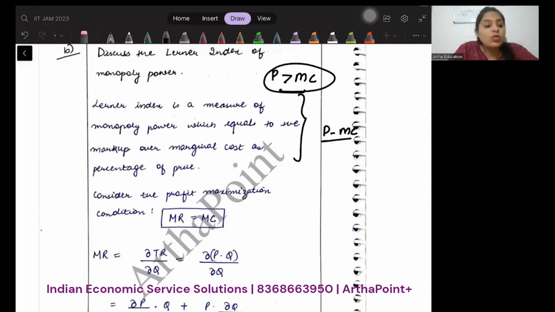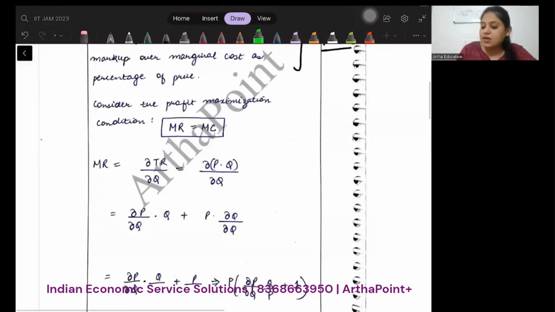Now, we know that the profit maximization condition happens where MR is equal to MC, right? What is MR? MR is how total revenue changes as quantity changes. What is total revenue? It's price into quantity. So we have to differentiate PQ with respect to Q. I can use the product rule.